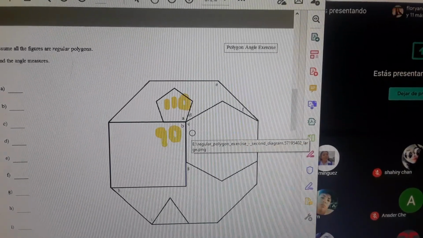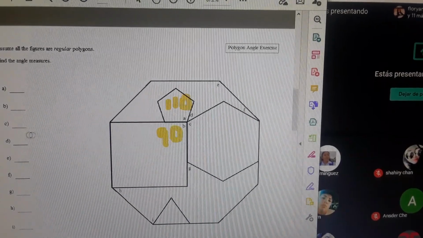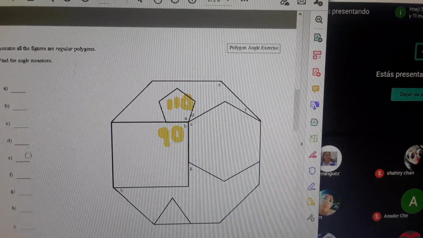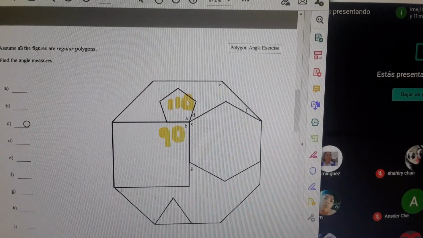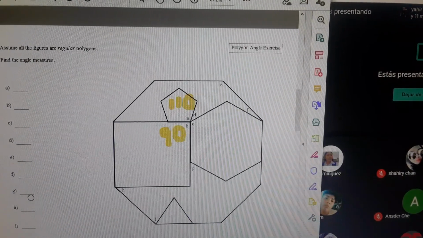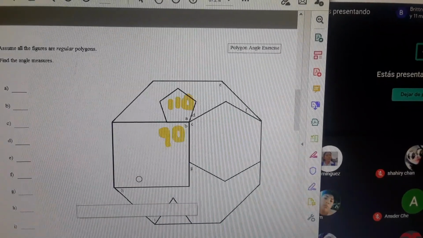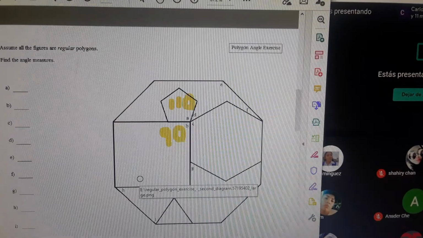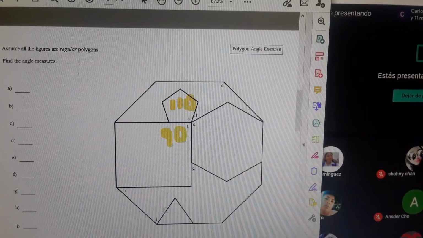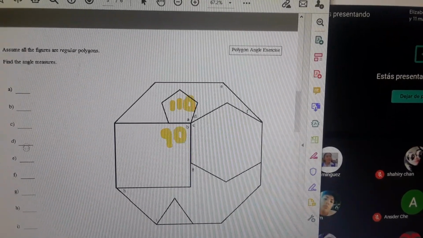And that is what I want you guys to do. I want you to complete this activity, and I want you to find the values for the angles at point C, D, E, F, G, H, and I. That will be the activity that I want you to complete. So I want you to find the angles using this figure, and I want you to label all of them right here.